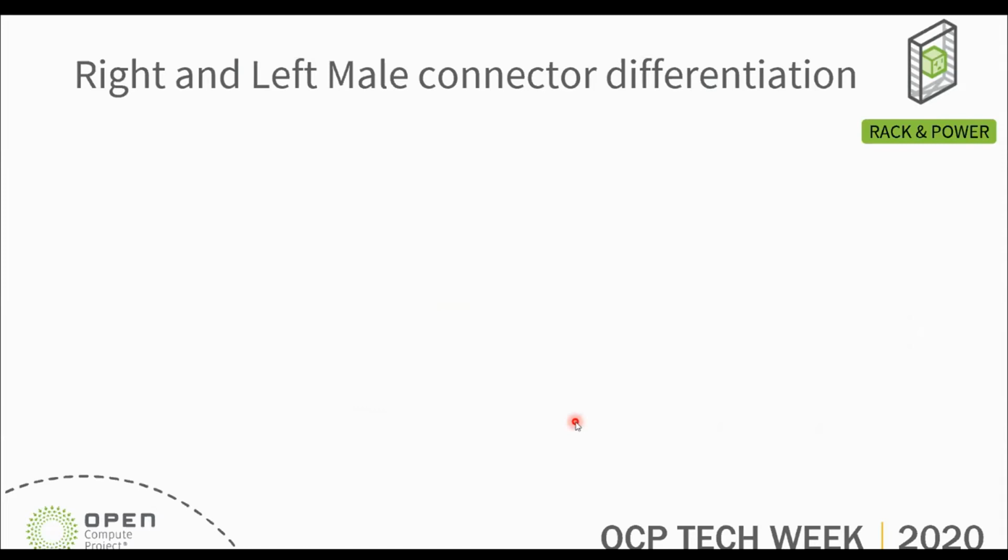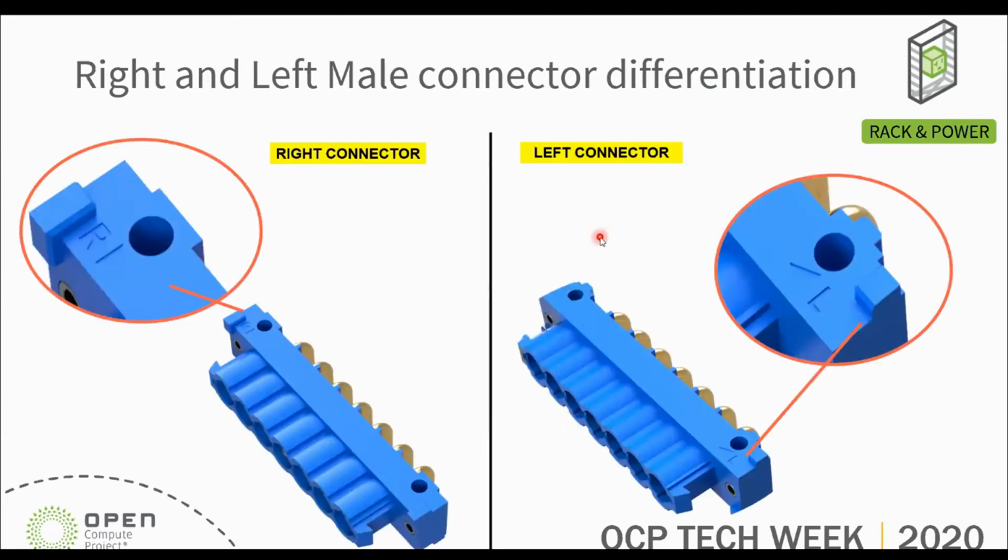The other differentiation is that we added an identification on the left and right connector. This was not before the global summit, but after the global summit. As you can see, the L stands for left; we engraved the L and R for the left and right connector. I will talk about this pointer, arrow or triangle, whatever you call it, in coming slides.